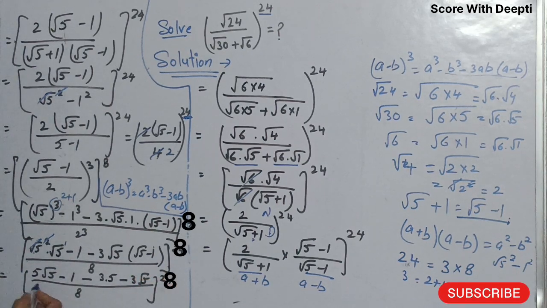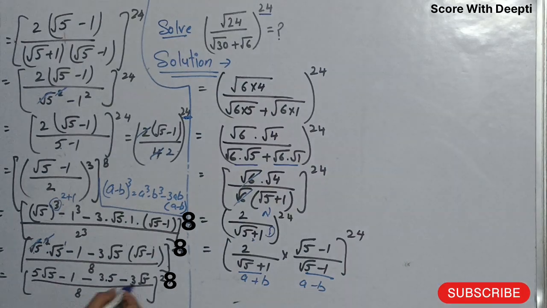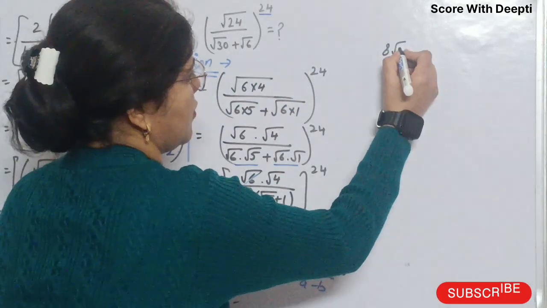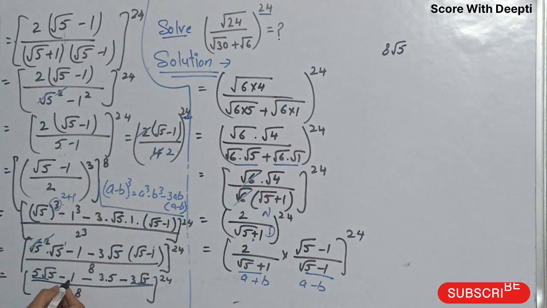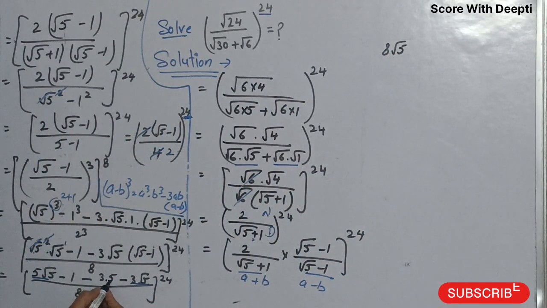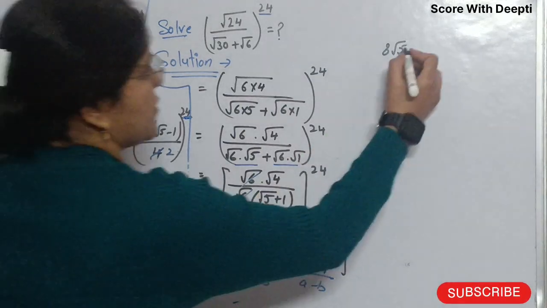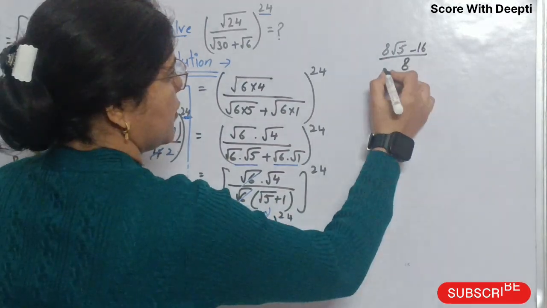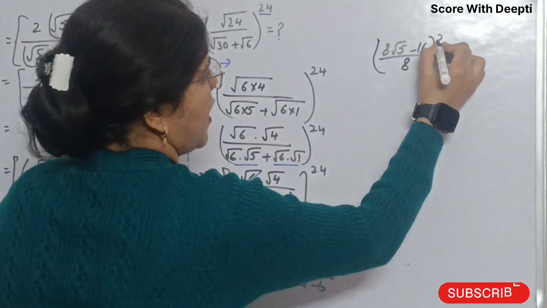Next we solve this part. First we add this and this, and get 8√5. Minus 1, into 3 5s are 15. Here we write 15 minus 1, sorry, 16, minus 16 over 8 to the power 24.